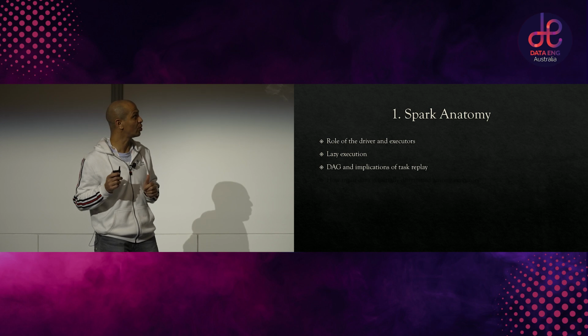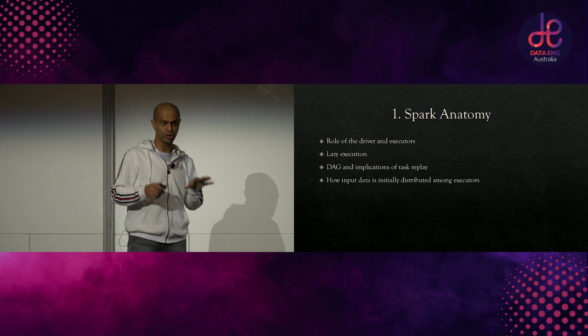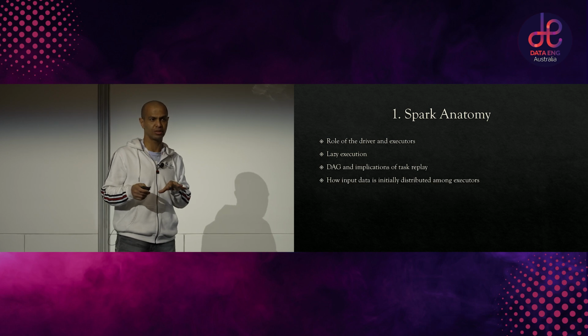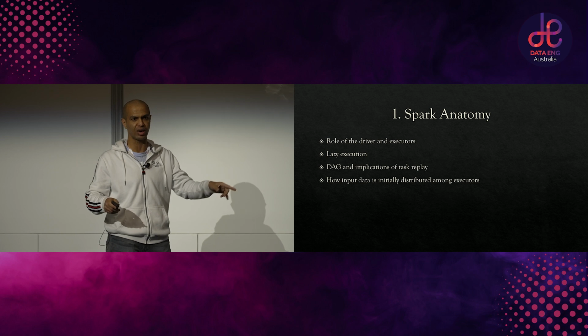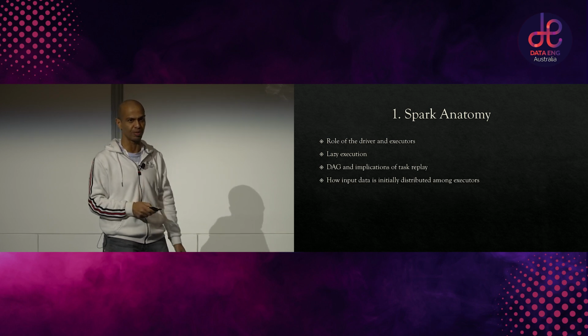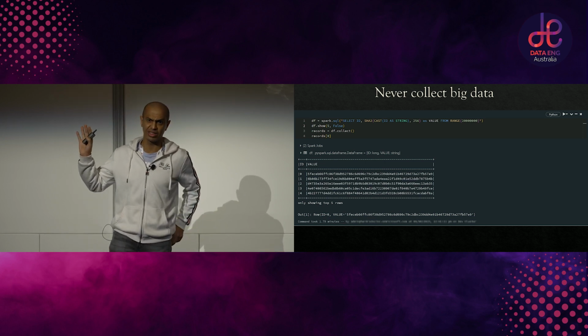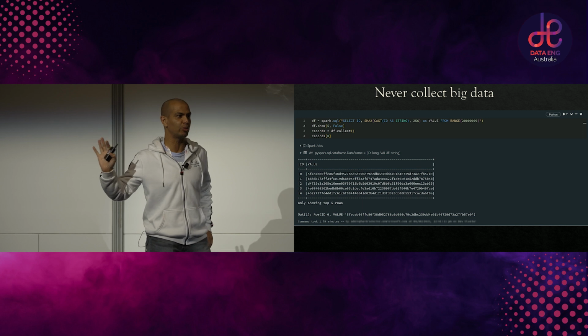We'll have a look at that as well. And we'll look at how your input data will impact things: I have a CSV or I have a Parquet file, how does that work when you load the data at the first stage of your pipeline?